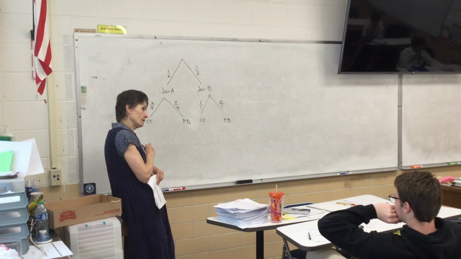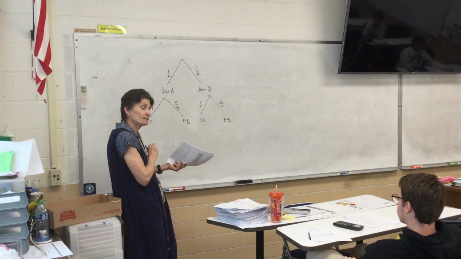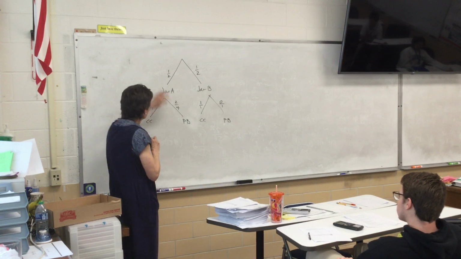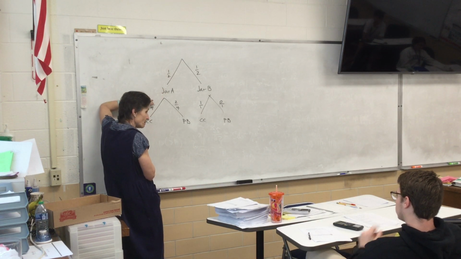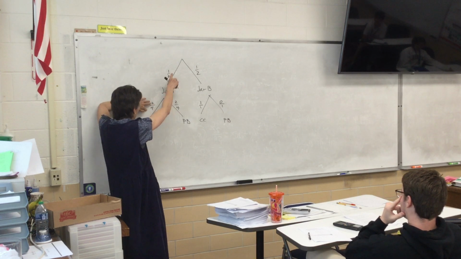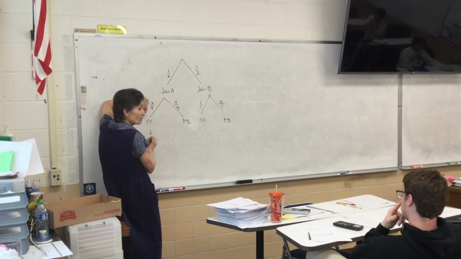So now we want the probability that you picked a chocolate chip cookie. Well, if you go to jar A and pick a chocolate chip, won't that be 1/2 times 1/2 or 1/4?